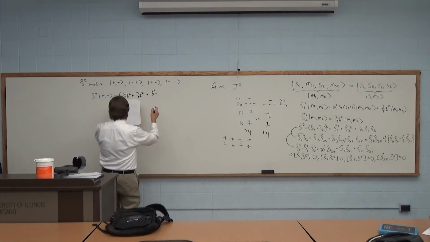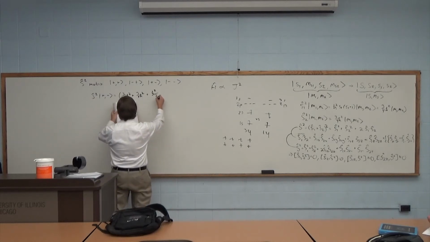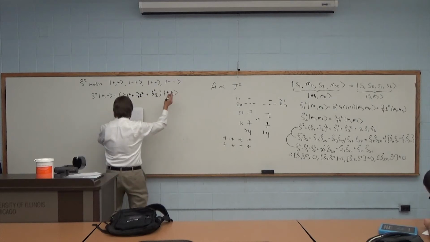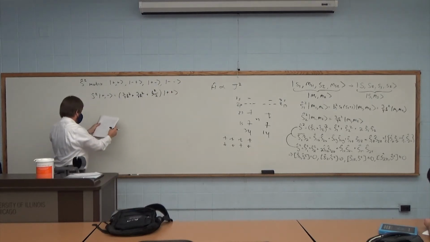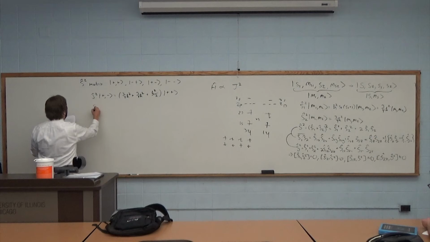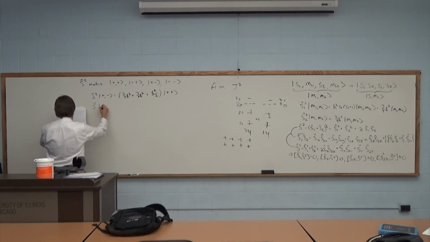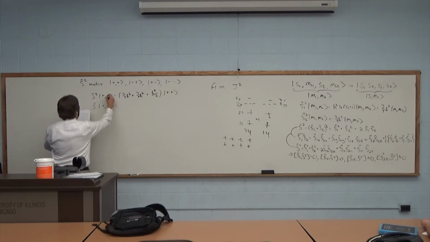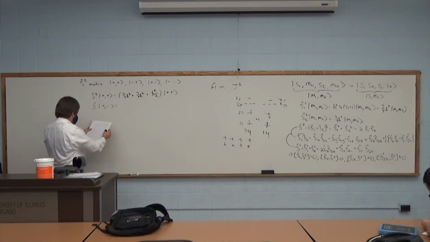But I can tell you that this actually takes a long time. Okay, so there's one of our matrix elements. Okay, now let's do one other matrix element. Let's do plus minus. Oh, sorry, that was plus plus, my bad. Okay.